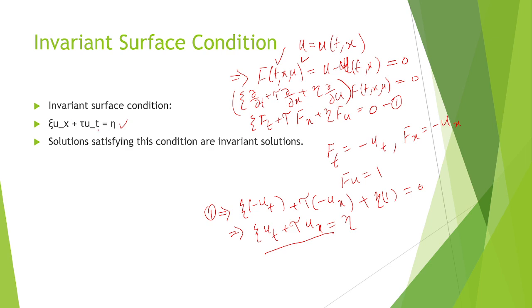So this is the invariant surface condition, and this is the corresponding derivation of it. We search for u, which is a solution of the given PDE, and use the generator xi, tau and eta. If it satisfies this equation, that will be an invariant solution.